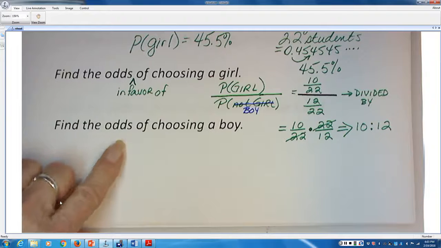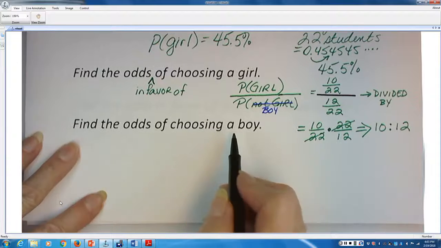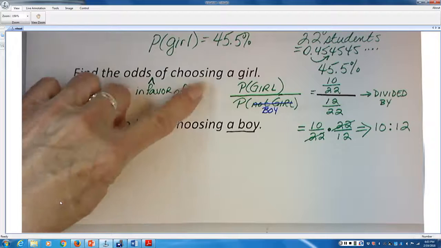If you want to find the odds of choosing a boy, the interesting thing that you'll notice is you don't really need those odds formulas at all. Because if I'm finding the odds of choosing a boy, that's the same thing as the odds against choosing a girl.